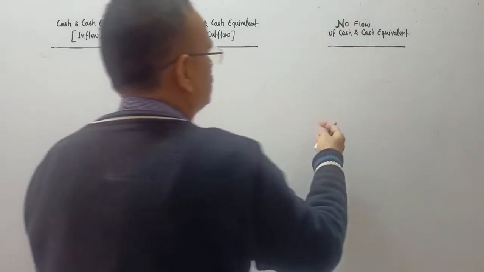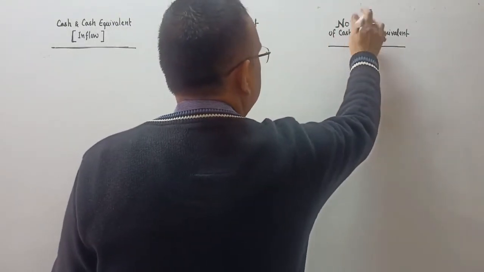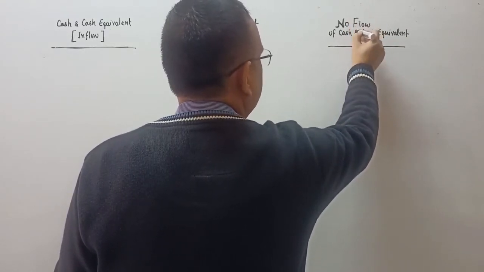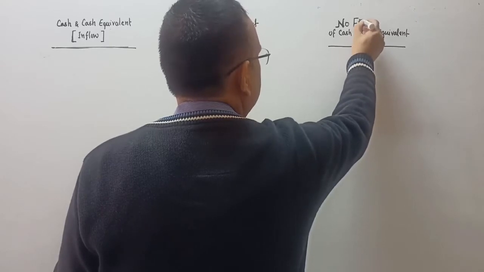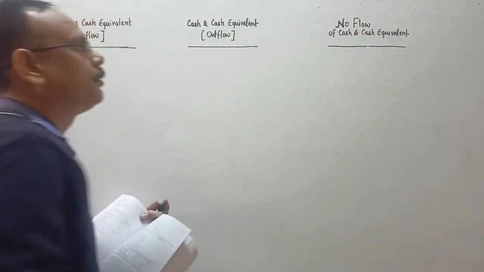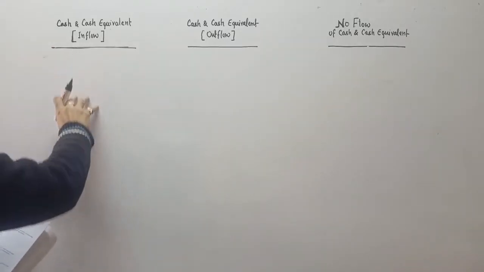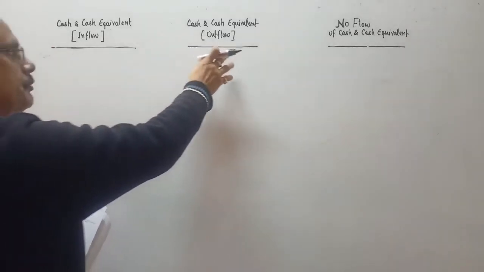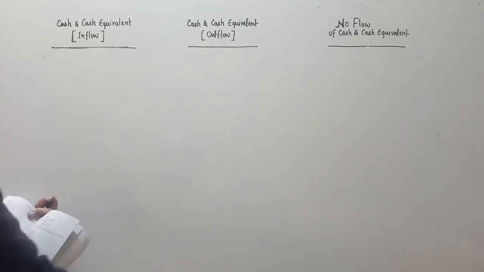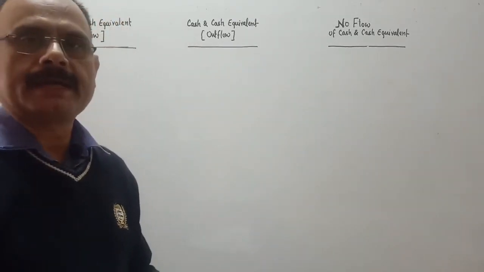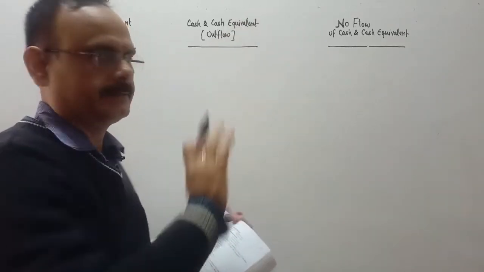If cash will inflow, we'll write here. If outflow, over here. And if there is no flow, then we'll write at the end.